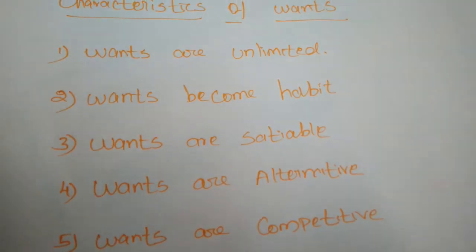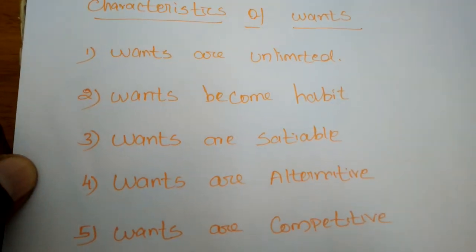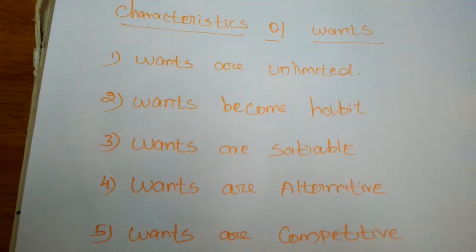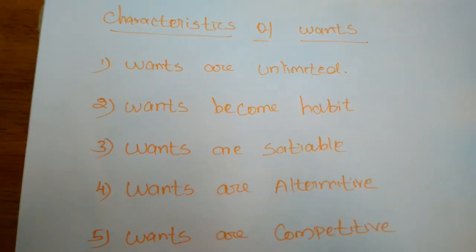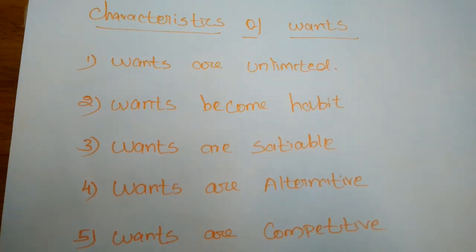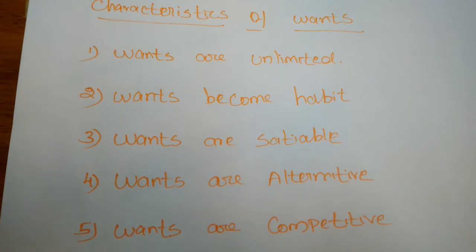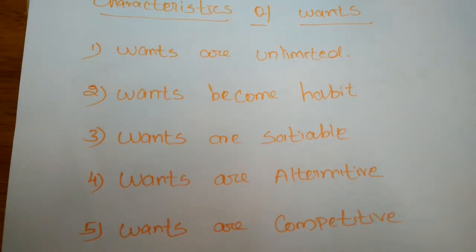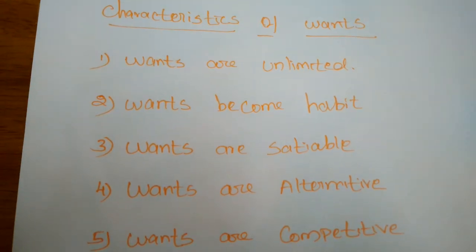If you think about what kinds of wants we have, we have different kinds of wants. Sometimes these wants are countless. Daily after waking up, how many types of wants do we have? It will be countless.